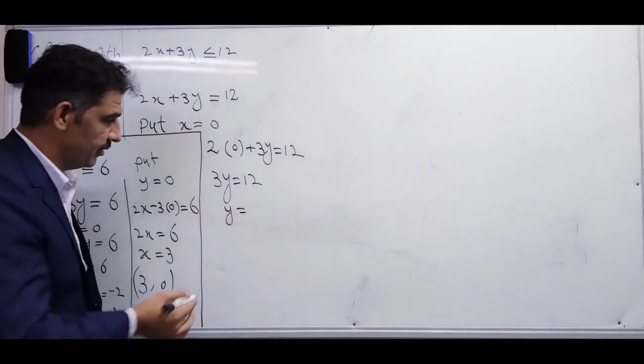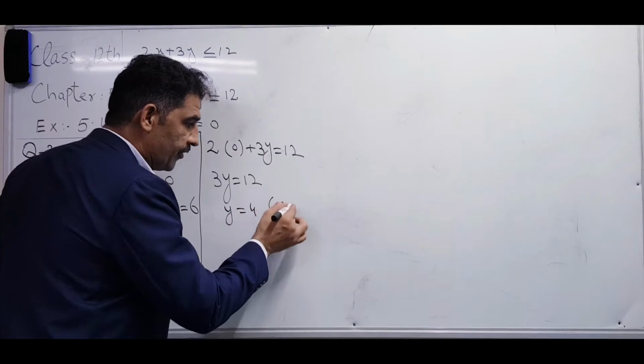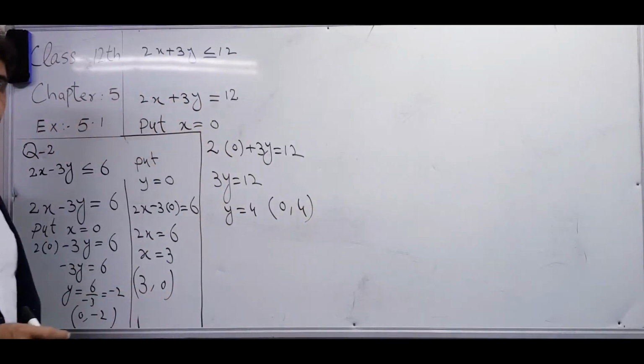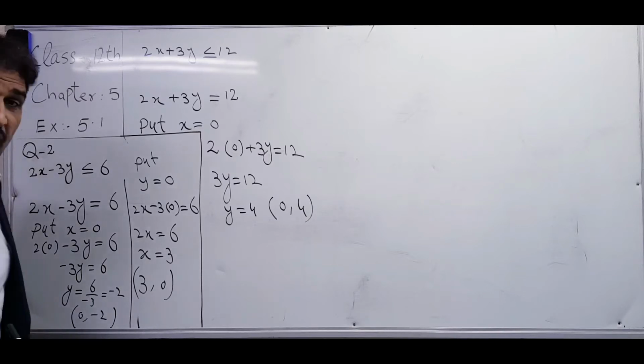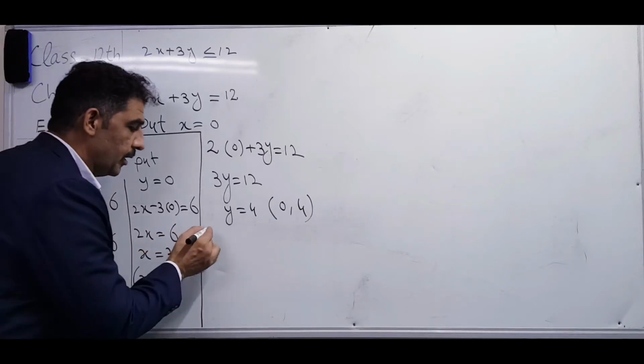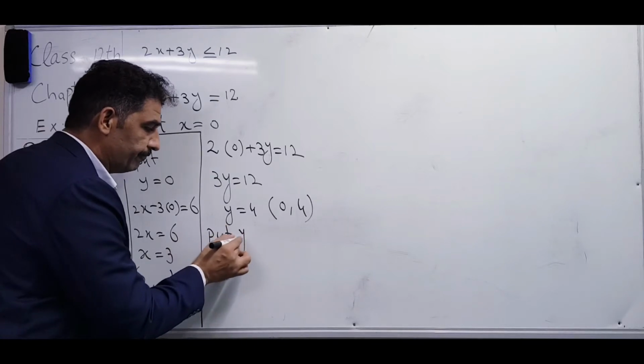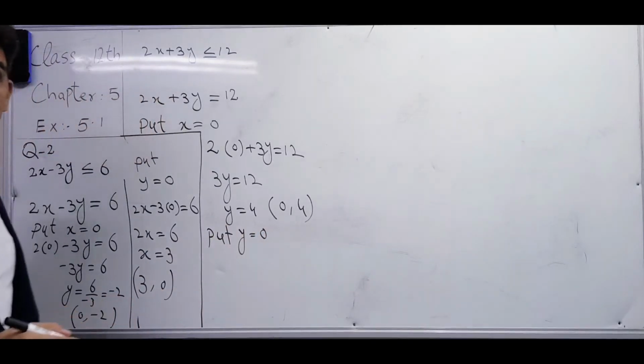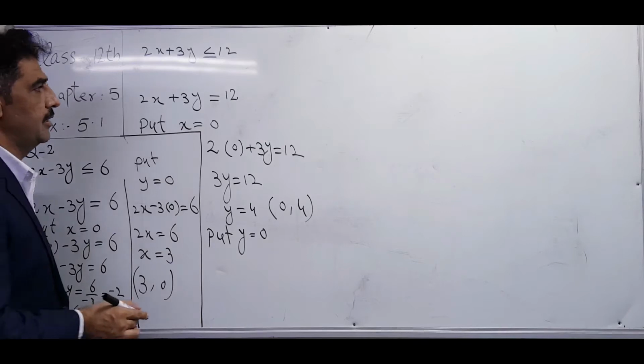What is the answer? 4. 0 and 4, one ordered pair. Right? The second ordered pair, how to find? Good. Put y is equal to 0 and find the value of x.